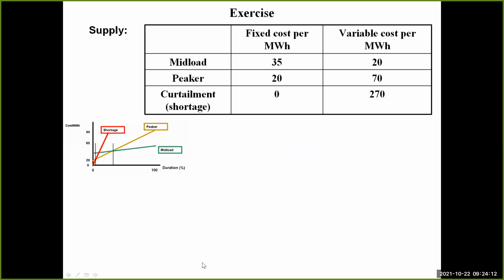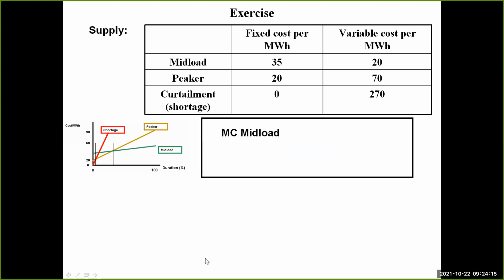So we have these intersections, and I write here the formula for mid load. It's 35 plus 20 times the percentage that I use it. That is the duration of mid load, going from mid load to peaker.